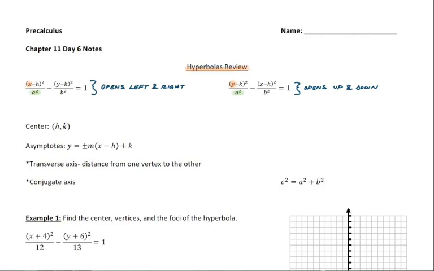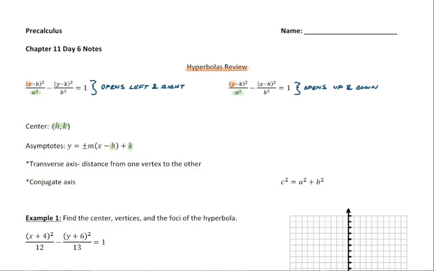And then we will sketch our graph and count our graph from that center. In terms of the asymptotes, I want you to notice the equation there is y equals, and it's plus or minus m, because each hyperbola has two asymptotes.